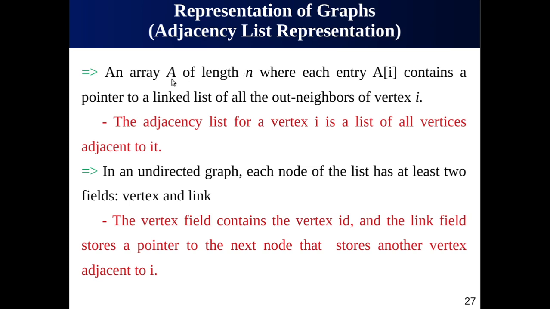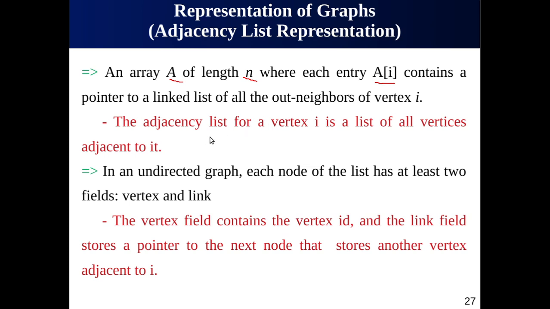Suppose we have an array represented by A, and the total number of elements in this array is represented by n. And you know each entry in this array is ai. I is the index. It could be 0, 1, 2, 3. Actually, it contains a pointer to a linked list where the values of the nodes are stored. The pointer will be saved at this location.